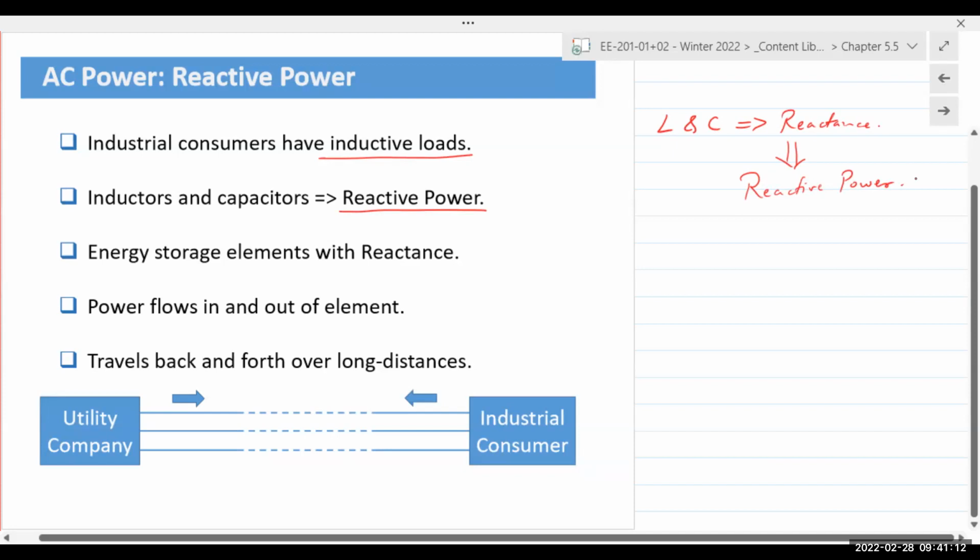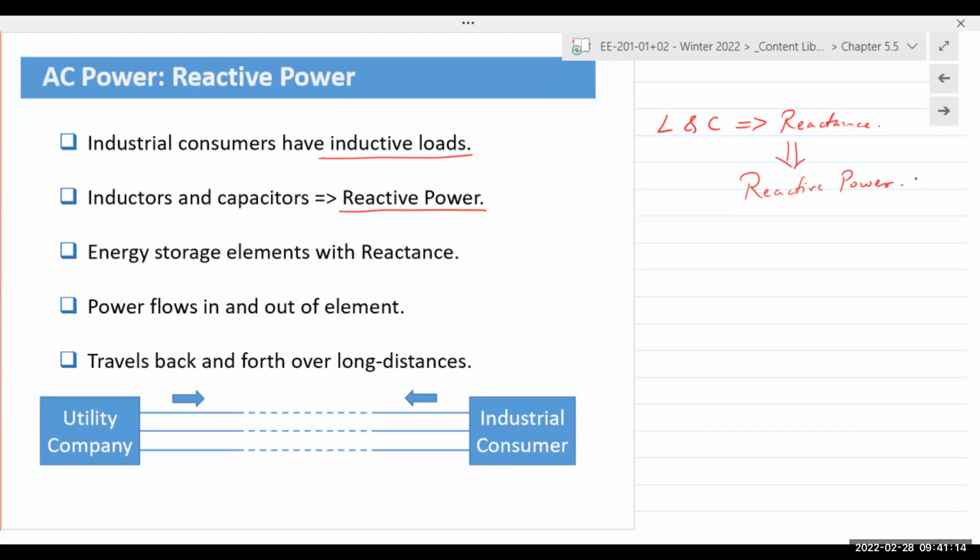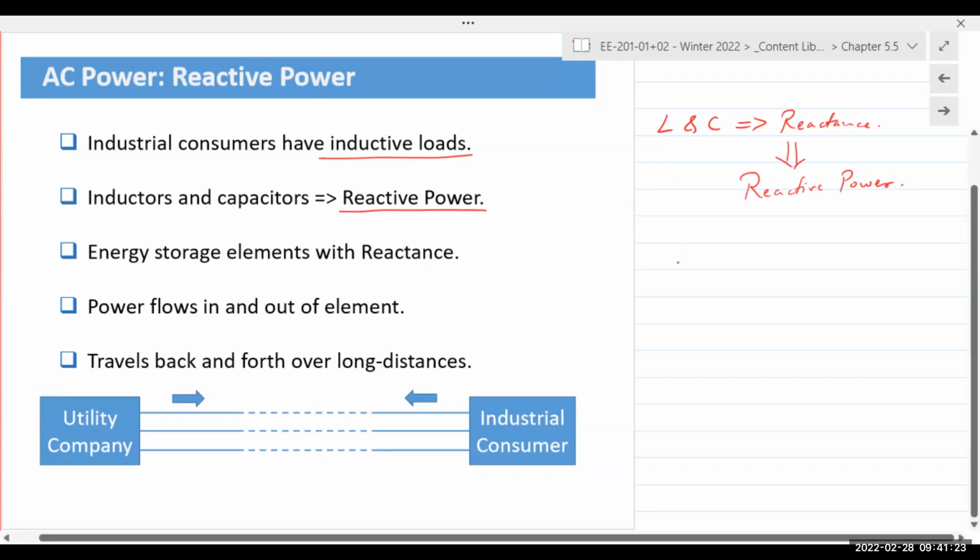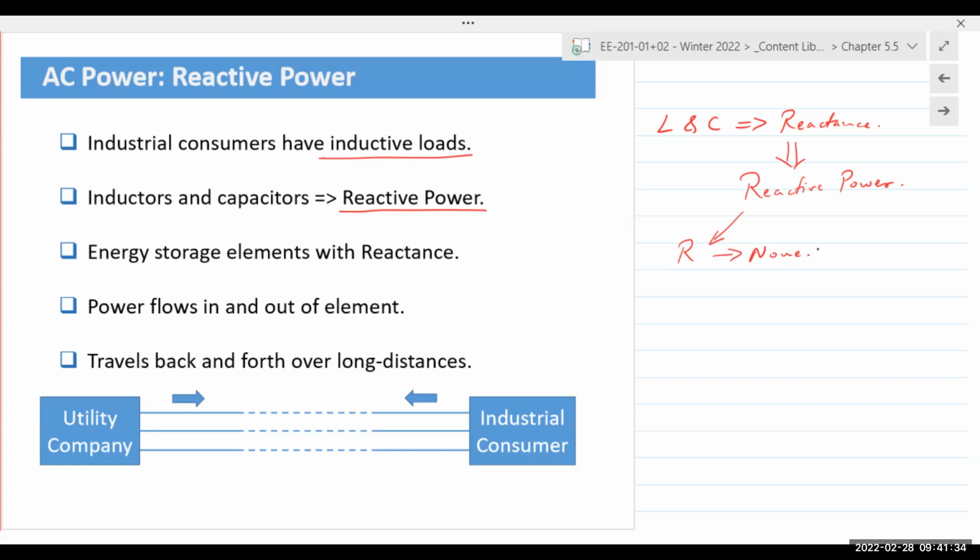And it only applies to energy storage elements which have reactance, which is basically inductors and capacitors. It does not apply to a pure resistor. Okay, so a resistor does not have any reactive power. And what happens?